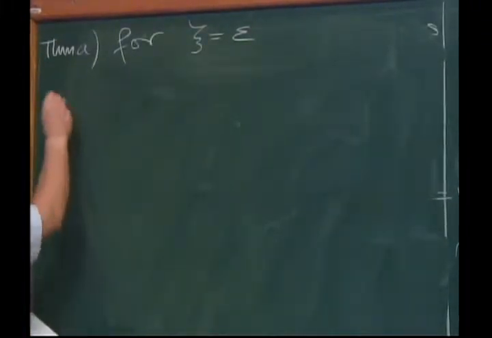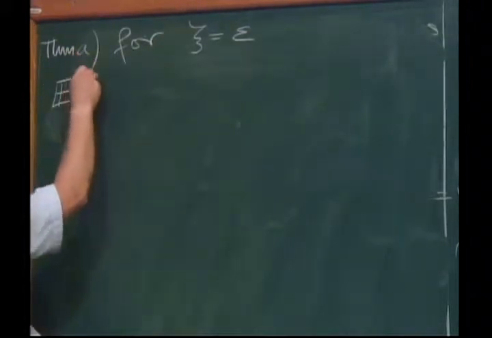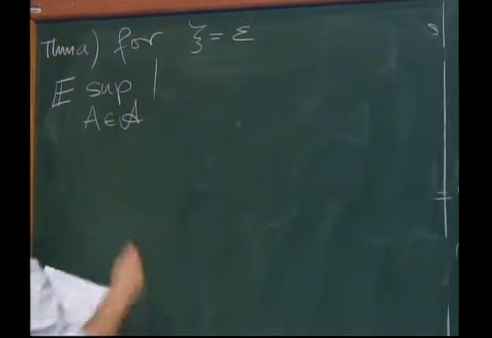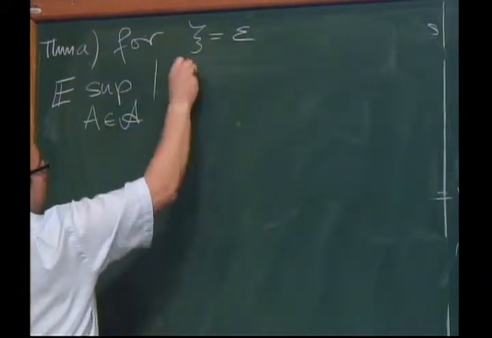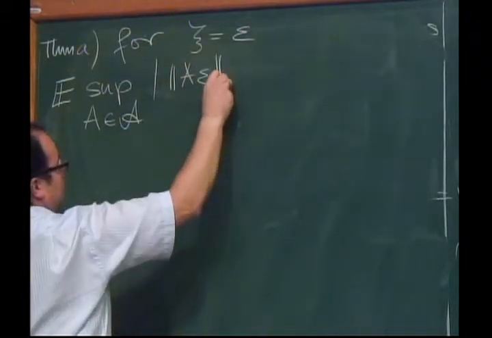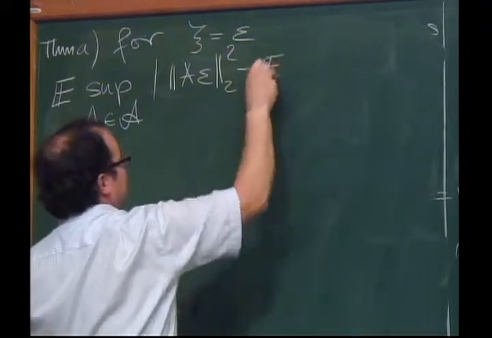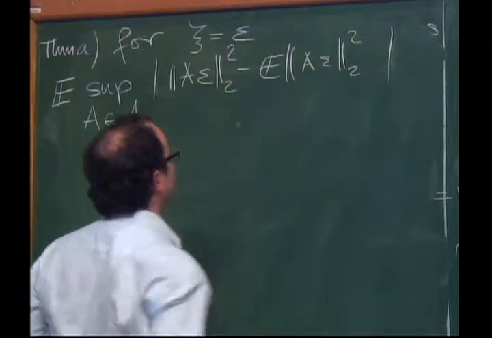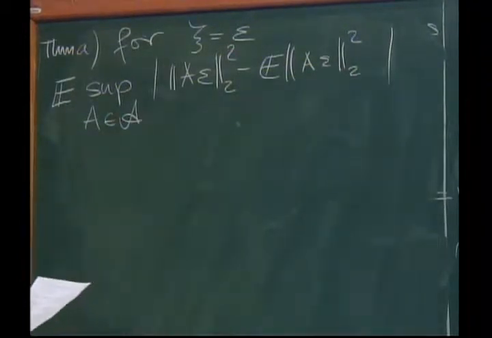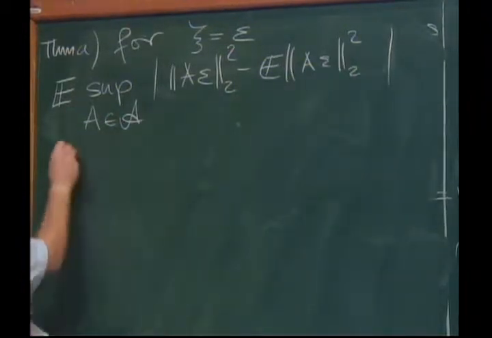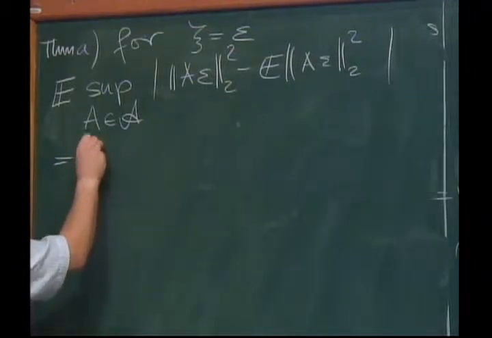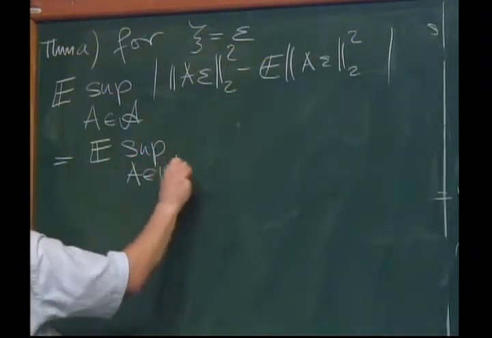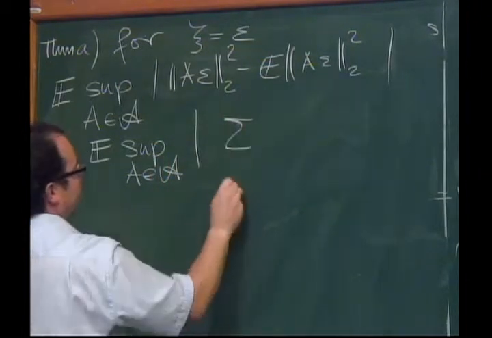Okay, so what we have to estimate is this quantity here. And for Rademacher, this is what I just had written down.